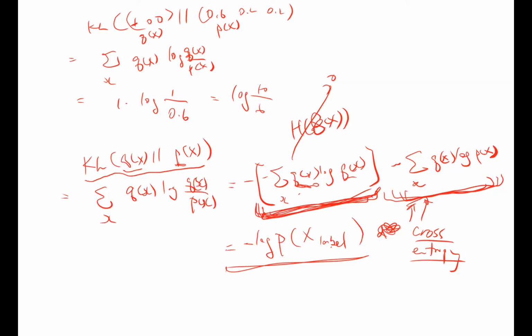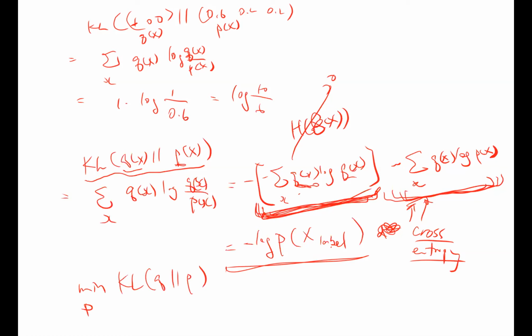It doesn't matter because what we're actually trying to find is P, or not exactly find P, but we want to minimize the KL-divergence between Q and P with respect to P, right? Because Q is given by the data itself, by the training data.